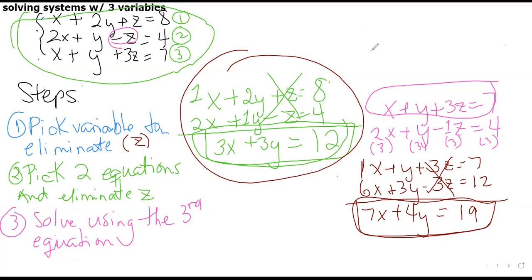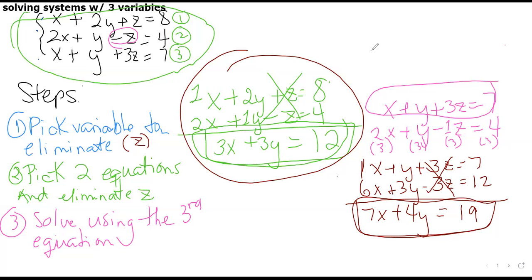I know what y is. I just need to solve for that z. And there's no wrong answer? No, there's no wrong answer. You just pick one of those 3 equations. The second one.